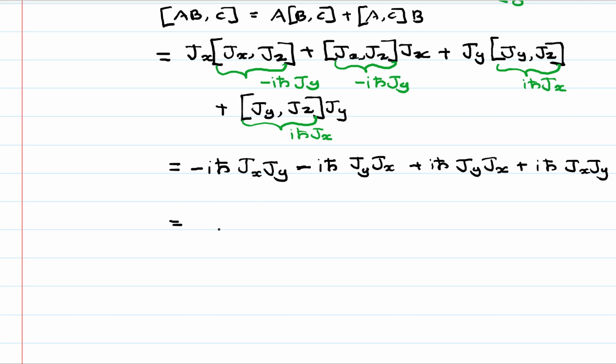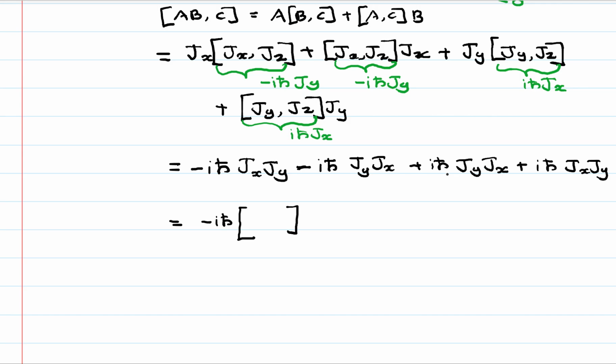You can find it out, isn't it? So minus i h cross into jx jy plus jy jx, and it's an anti-commutator.